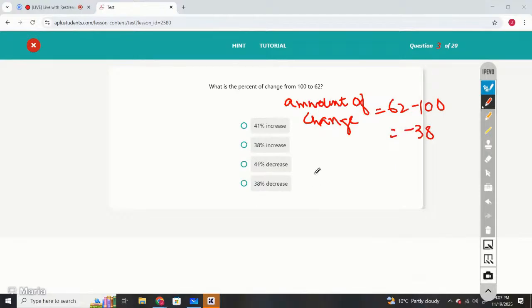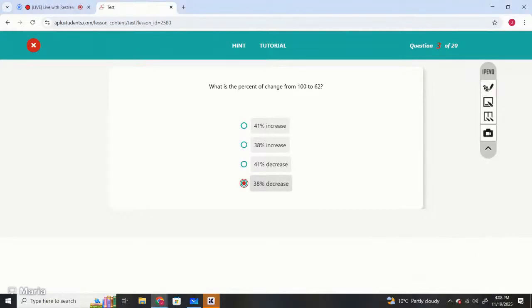Now we need to calculate the percent of change. So we have to do amount of change divided by the original amount. That is negative 38 divided by 100. Negative value means that is a decrease. So 38 divided by 100 is 0.38, times 100 equals 38% decrease. The correct option is 38% decrease.